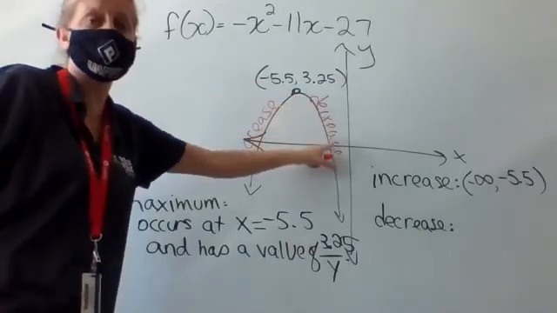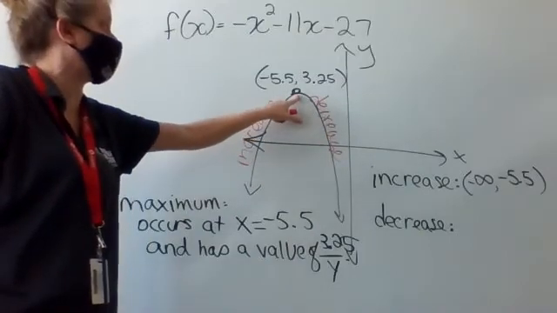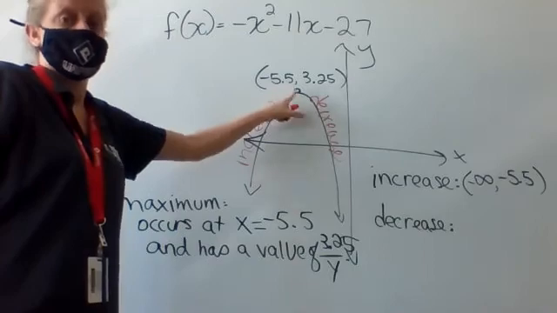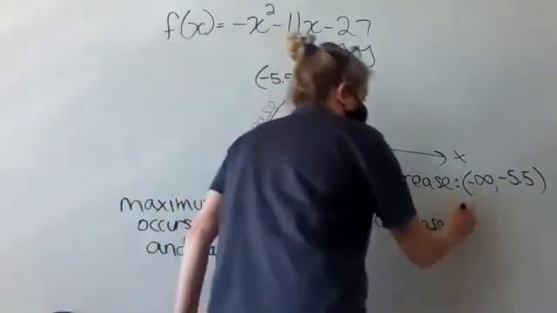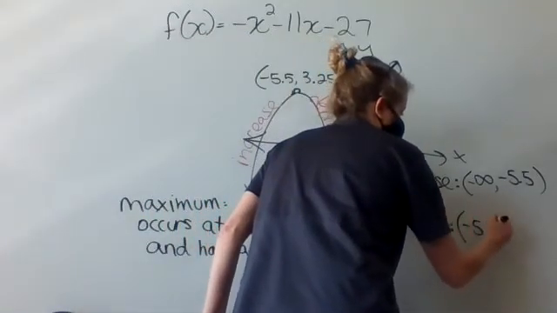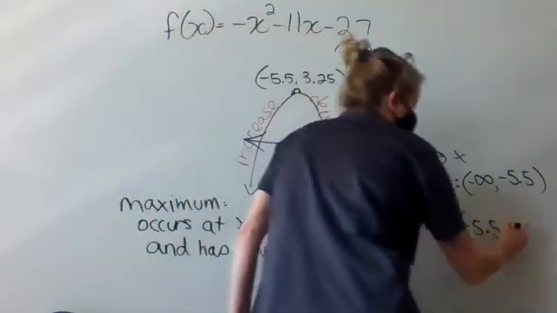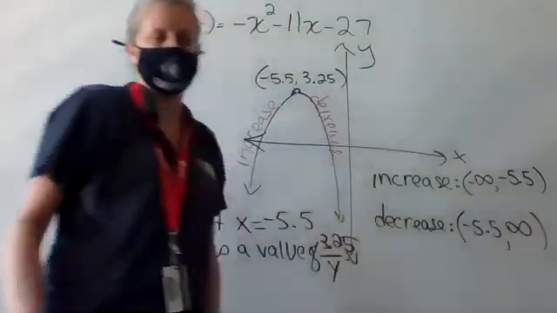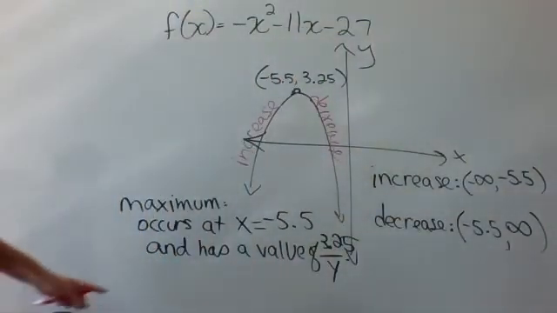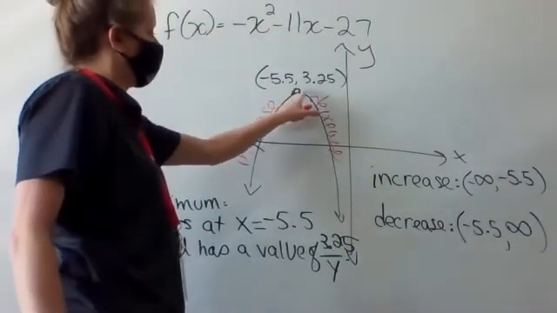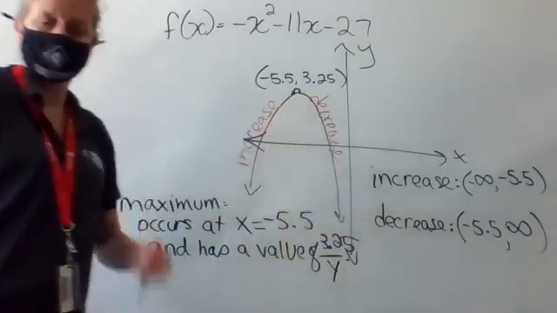It starts to decrease. So where does it start decreasing? At negative 5.5. And if your arrow is going to the right, that means it's decreasing to infinity. So it increases until it gets to this point, and then it decreases.